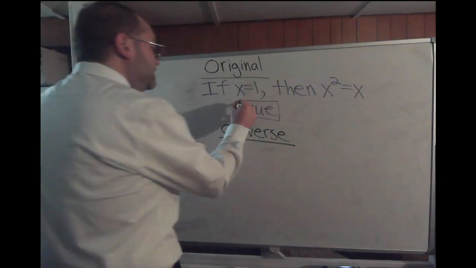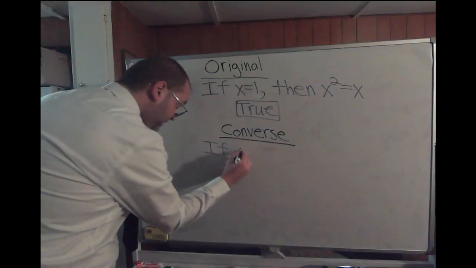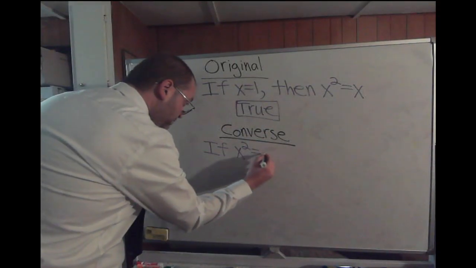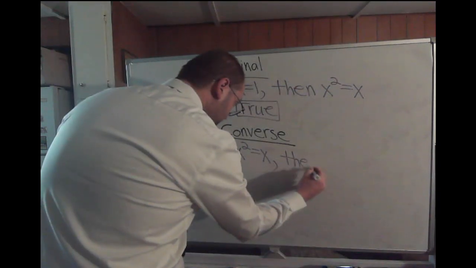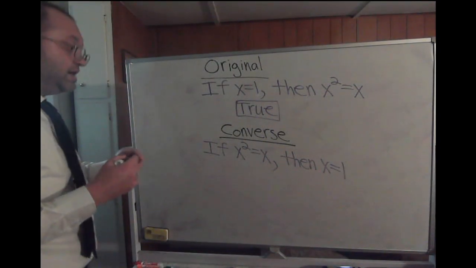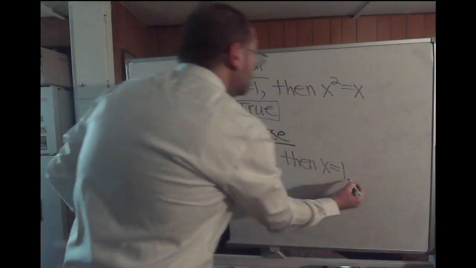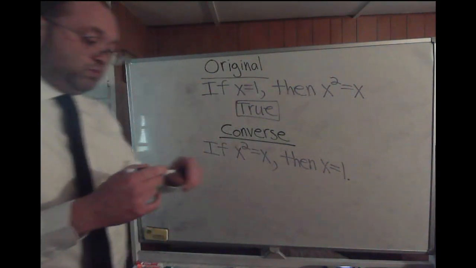Now what about the converse? It's going to read, if x squared equals x, then x equals 1. Okay, so the converse is that if x squared equals x, then x equals 1.